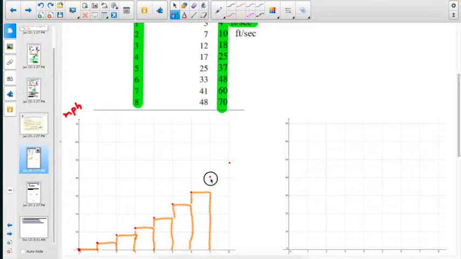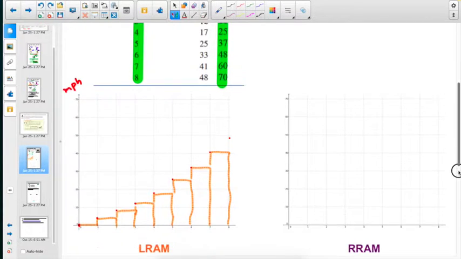The point that we end up not using is that last point, because that last point actually represents the right side of a rectangle if it were being used.